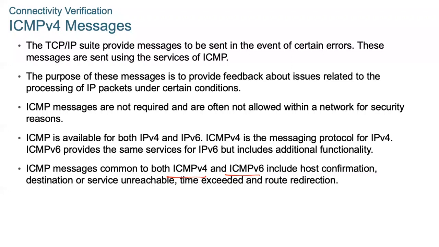These messages are common for both IPv4 and IPv6, but they mostly include host confirmation, whether the host is reachable or not, destination or service unreachable, time exceeded, and route directions.